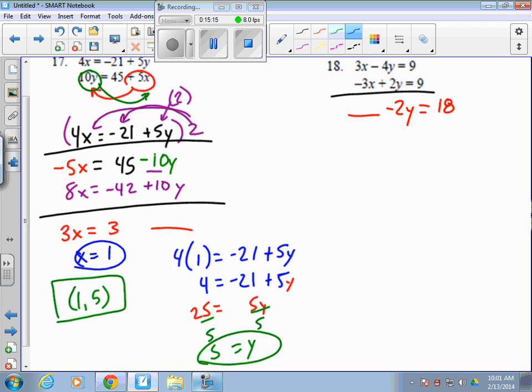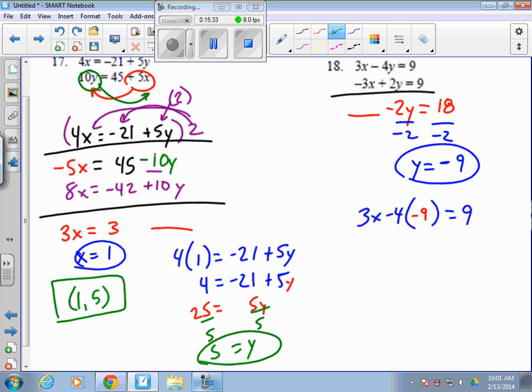When you divide by negative 2 on both sides, you get y equals a positive divided by negative is a negative 9. Plug that back into one of the other equations, 3x minus 4 times our new value for y, which is negative 9, equals 9. Negative times a negative is a positive 36.